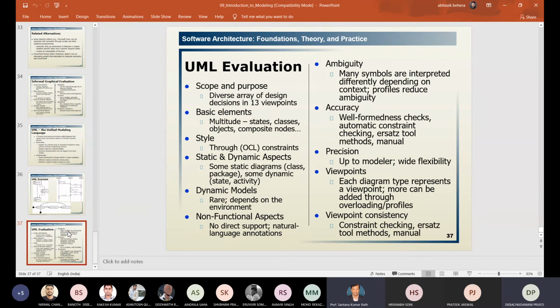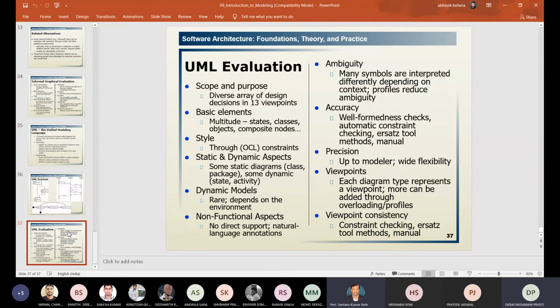And the evaluation: again there will be 11 parameters. First, the scope and purpose: a diverse array of design decisions in 13 viewpoints. The basic elements are multitude states, classes, objects, and composite nodes.